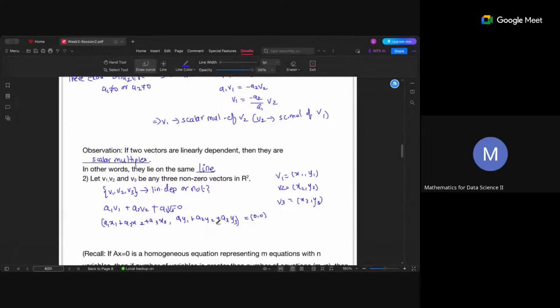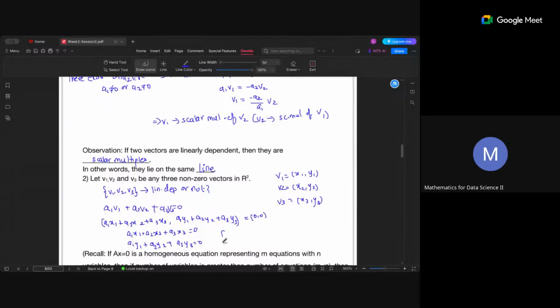Yes, you are saying it, but not completely. You are not filling the gap in between. That is the point here. So now we have two equations: A1 x1 plus A2 x2 plus A3 x3 equal to 0, and the other equation is A1 y1 plus A2 y2 plus A3 y3 is equal to 0.